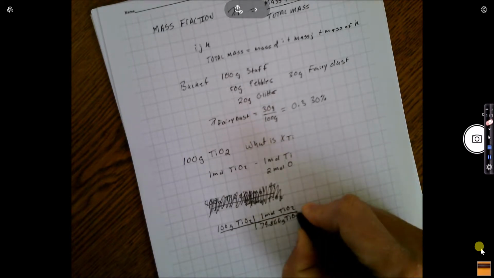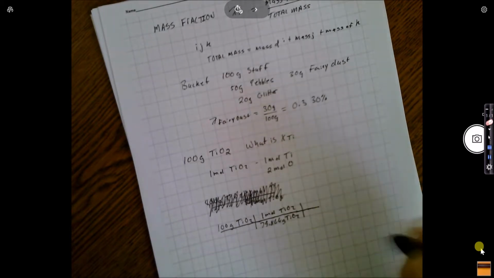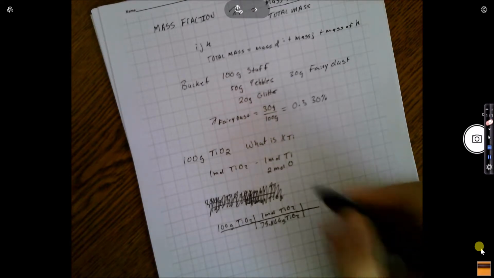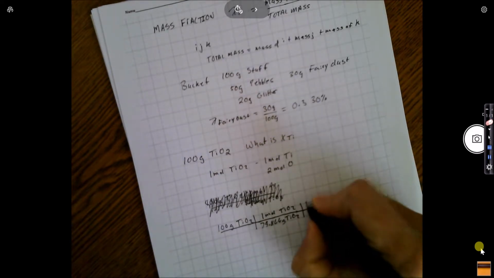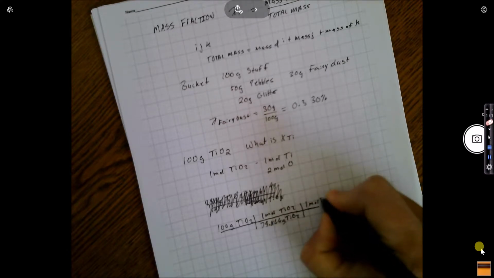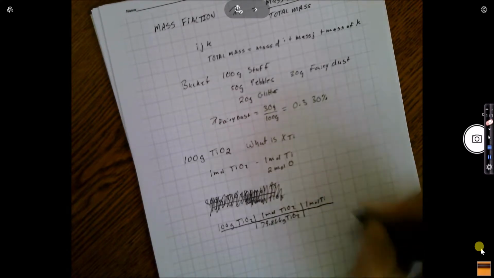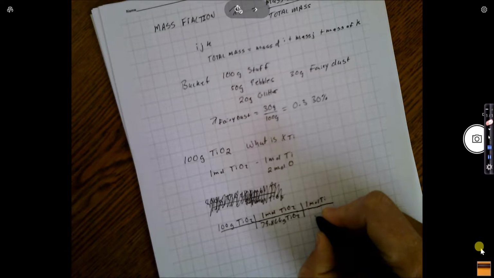And we said earlier that there is 1 mole of titanium in 1 mole of TiO2.